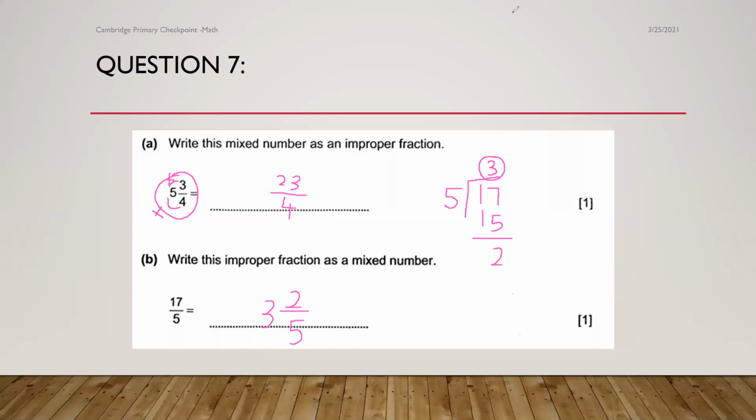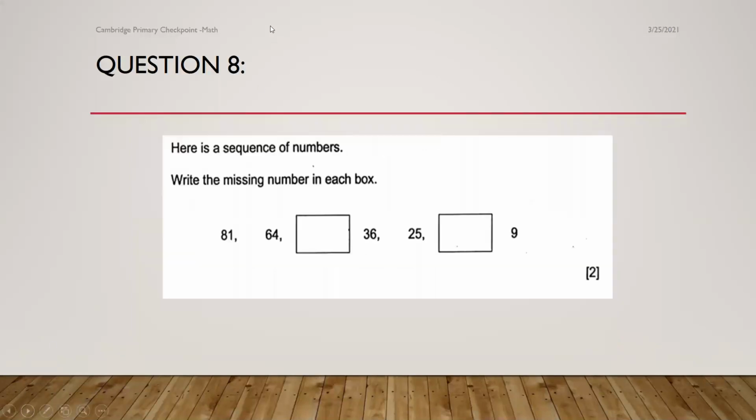Now let's move to the question number 8. Okay, question number 8. Here is a sequence of numbers. Write the missing number in each box, right? Now, by looking even, you can identify these are square numbers, right?